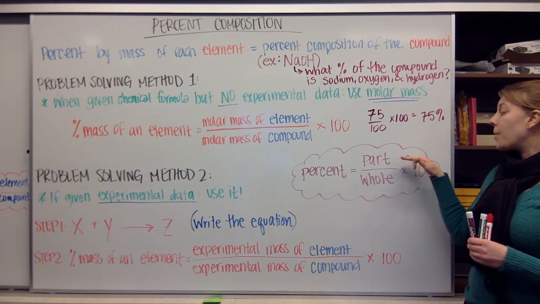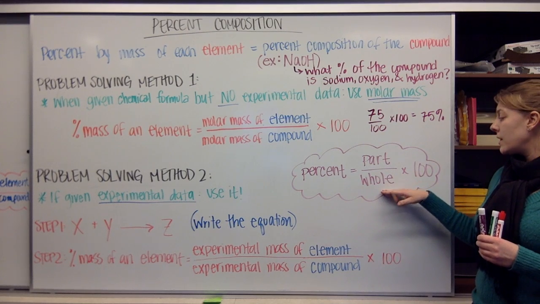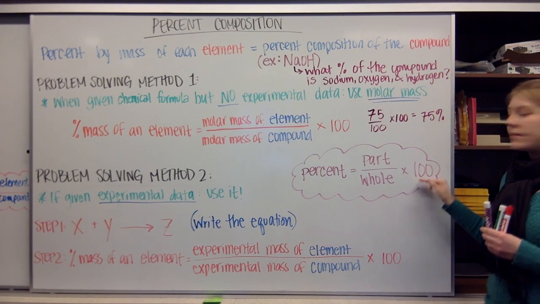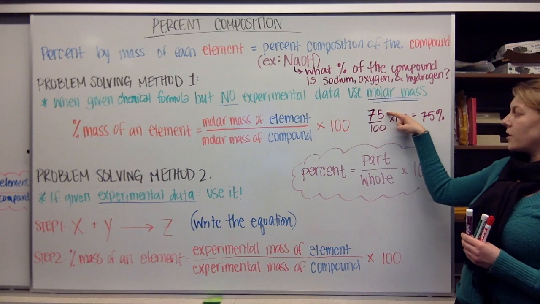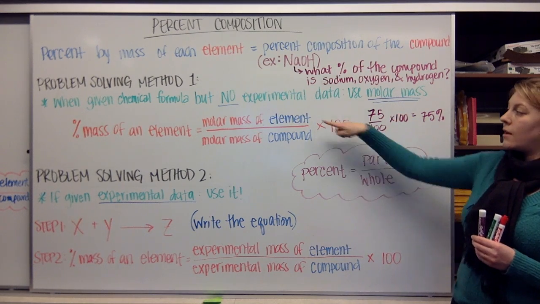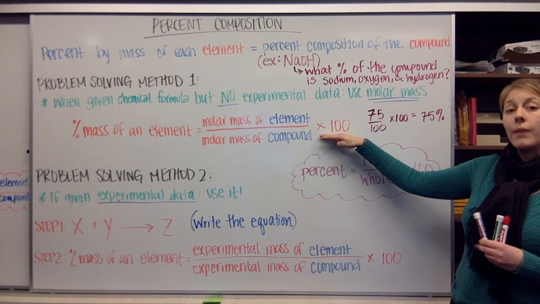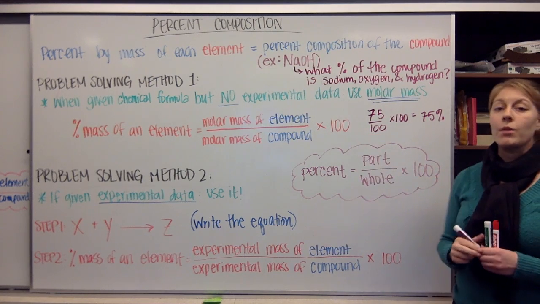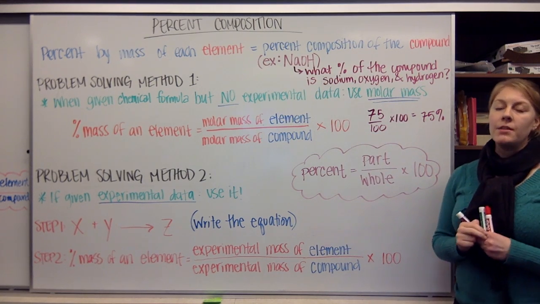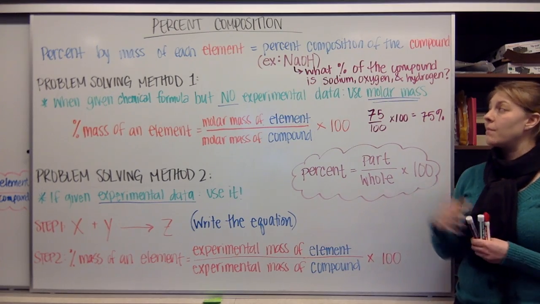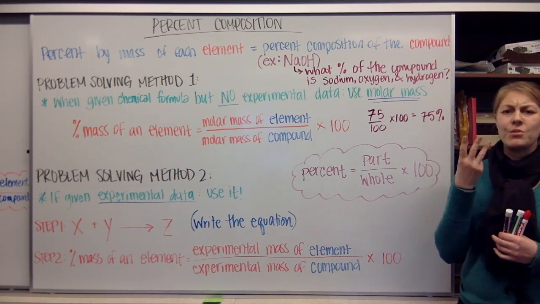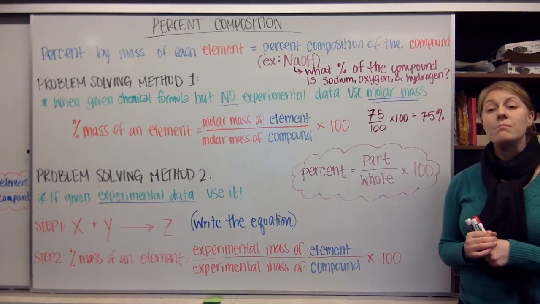We're taking the part divided by the whole and multiplying it by 100 to get our percent. Part, the molar mass of the element, divided by the whole, the molar mass of the compound, times 100. We'll do this for each element that's in the compound. So in the case of NaOH, we would have to do it 3 times. Sometimes you might have to do it more.